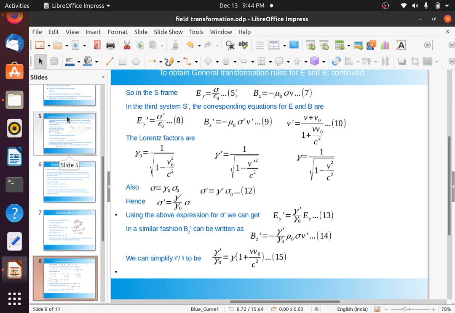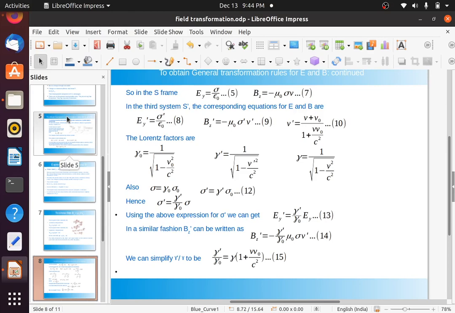Then using this expression for sigma dash, we take relation 8 and you can show that Ey dash is equal to, instead of sigma dash you substitute gamma dash by gamma 0 into sigma, and also put Ey is equal to sigma by epsilon 0, so that Ey dash is equal to gamma dash by gamma 0 into Ey, and Bz dash can be shown to be minus gamma dash by gamma 0 mu 0 sigma V dash.